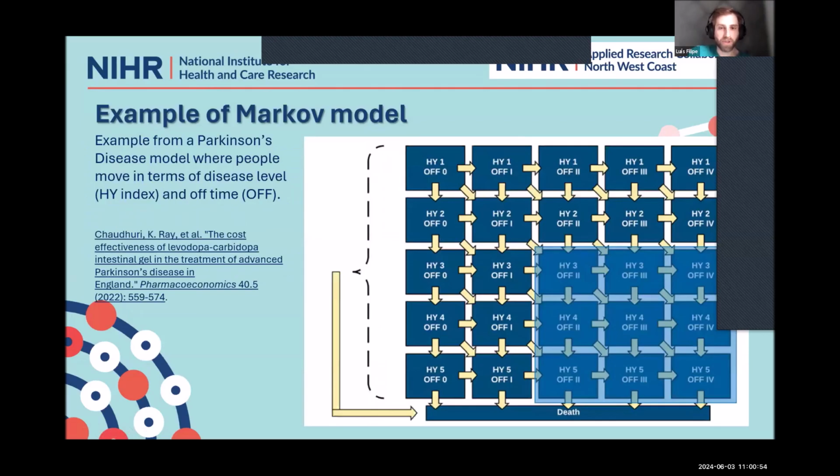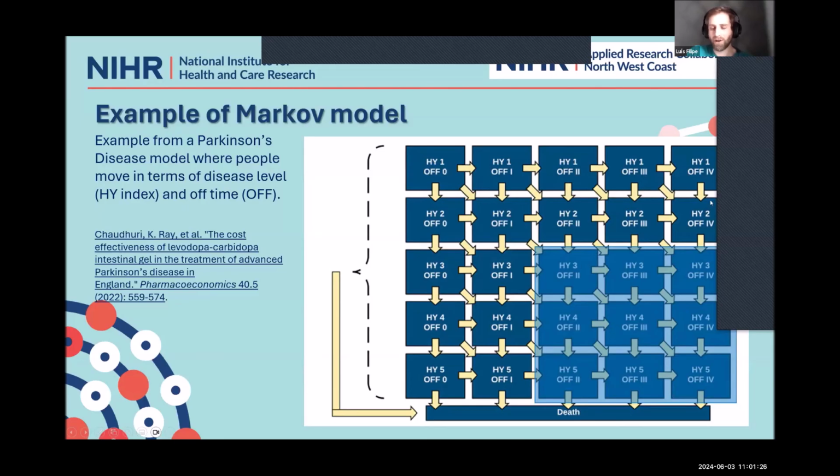Now, I'm probably going to skip this because I don't have any more time, but this is just an example from the paper that we analyzed, the one of Chowdhury, where it's basically a Markov model, and you can see that it is a lot more complex than what I just showed to you, because you had 5 levels of disease, which is given by this HY code, but then within each type, which level of the disease, you would have also some levels of off time.